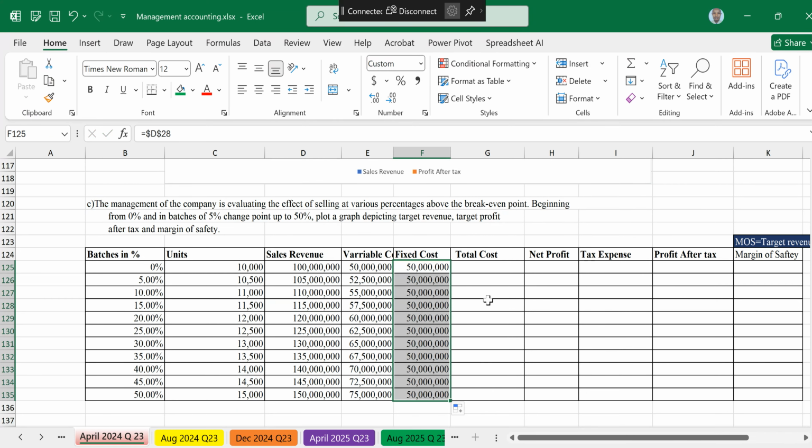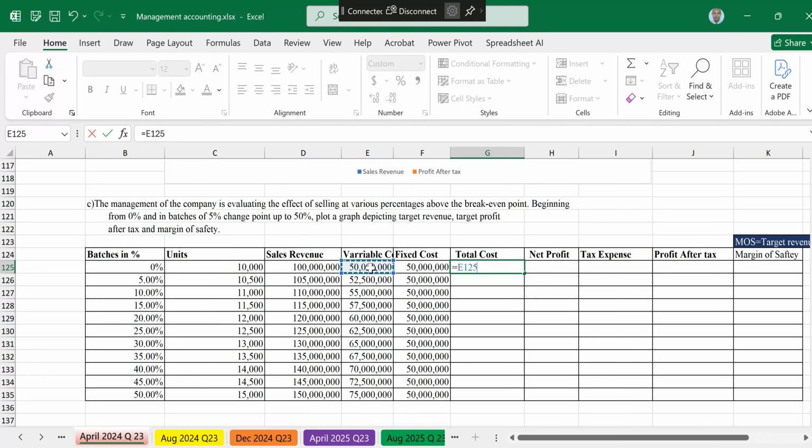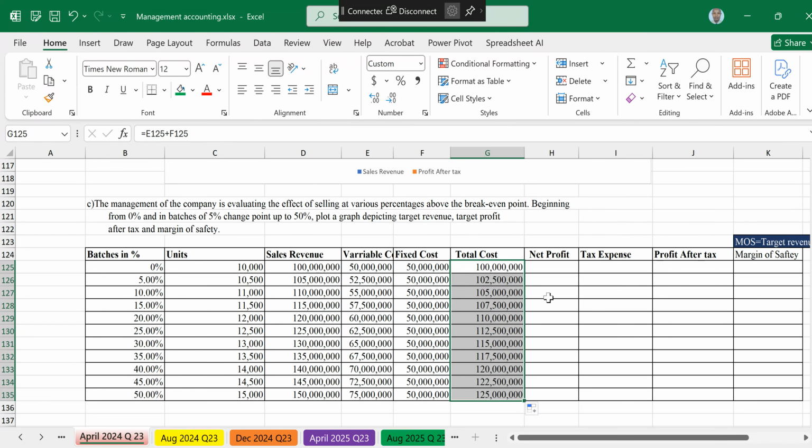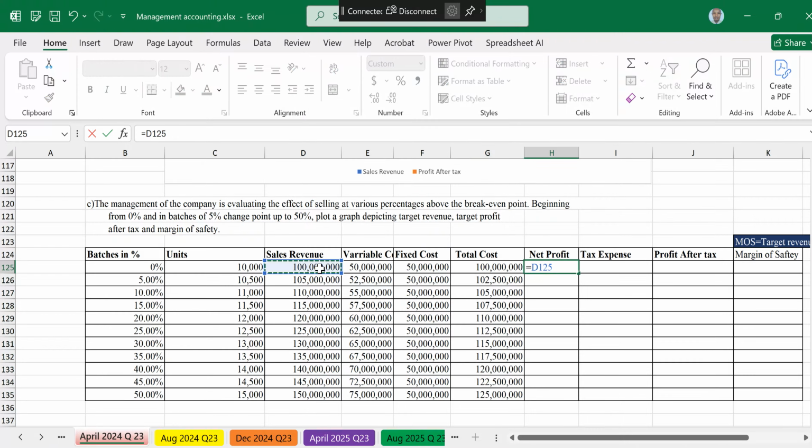Total cost would be variable plus fixed, enter, don't lock anything there, then copy down. We know profit is always going to be the sales revenue minus the total cost. Then the first profit, there is no profit.